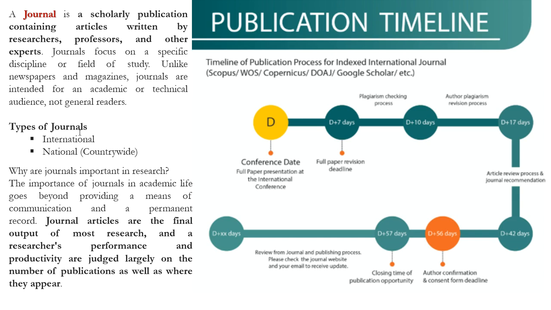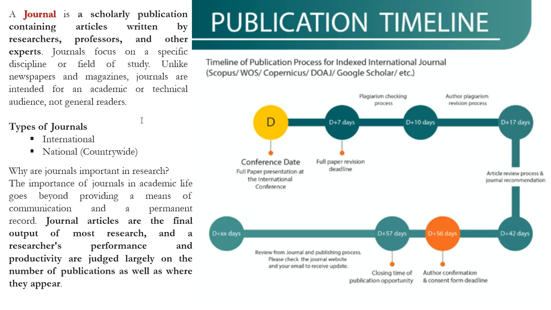Sometimes some journals are multidisciplinary, some are interdisciplinary, and some maintain specific narrow fields. Generally, we now know what a publication is and what a journal is.